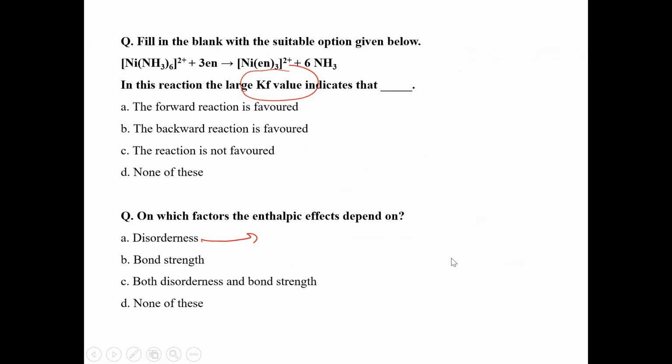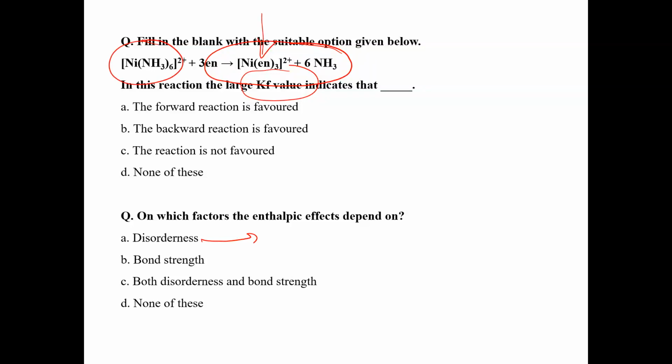So what does the large formation constant value indicate? Basically, the formation constant tells about the strength of the bond forming between the metal and the ligand. So if the Kf value is large, what does that mean? It means the formation of this complex is very much favored over this complex.